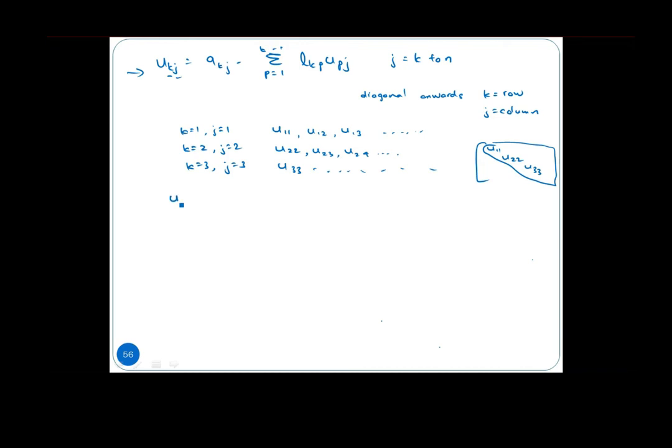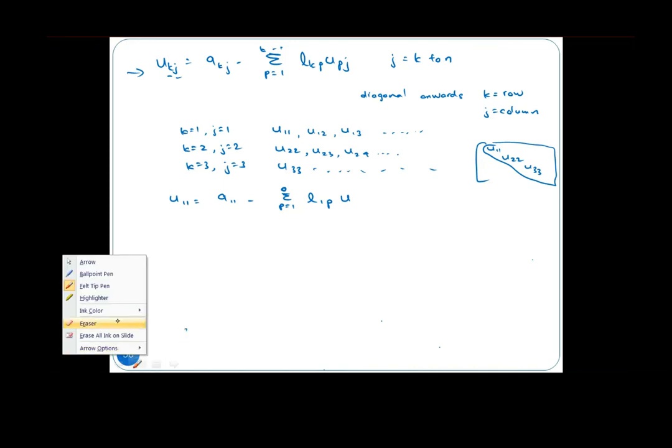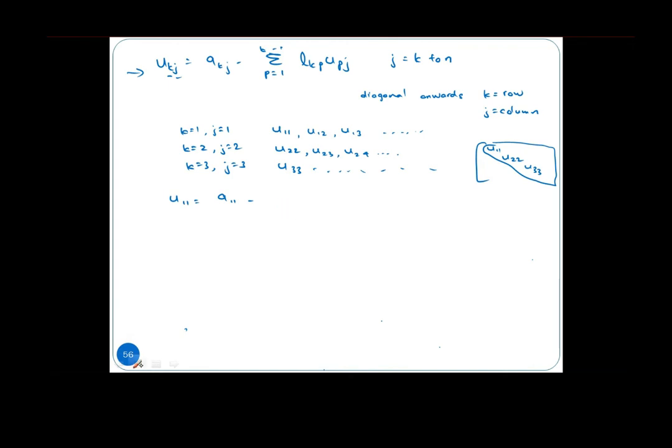Looking into this equation, we have U11 equals A11 minus the summation of L1P U_PJ. K minus 1 is 0, so P equals 1 to 0 is not valid anymore, so the sum becomes 0.